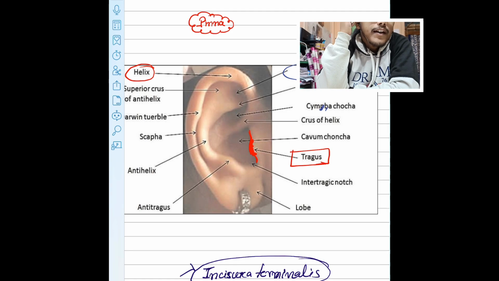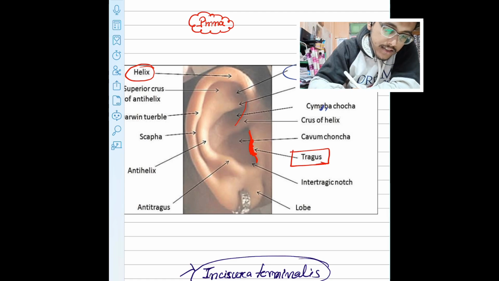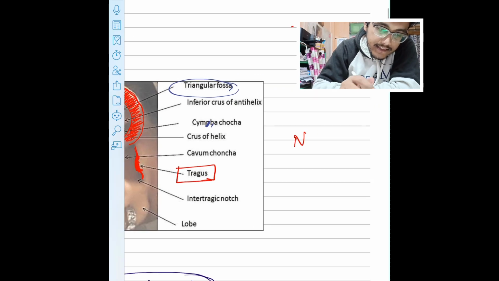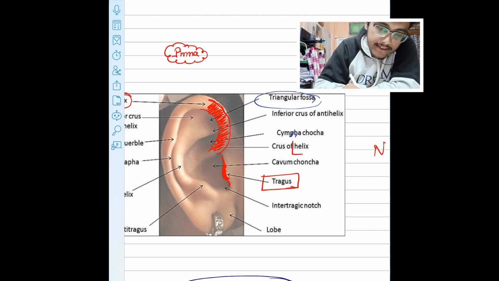If you go a little bit up from the tragus, you can see one arch going upward, a rail track like cartilaginous structure. This structure is known as the helix, and the root area is known as the crux of helix.